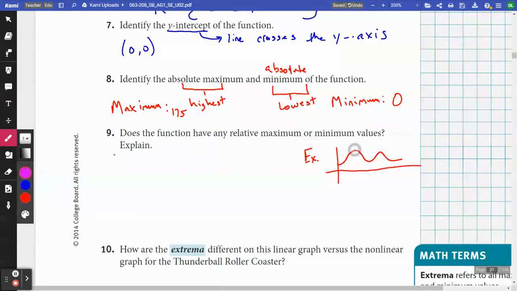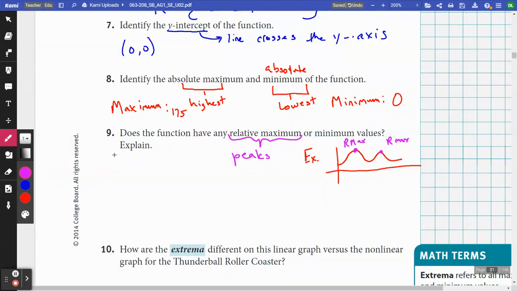This here was a relative maximum, and then there was a point here at 90 that was a relative maximum. Why? Because we called those peaks. Relative maximums want to know, is there any peaks?